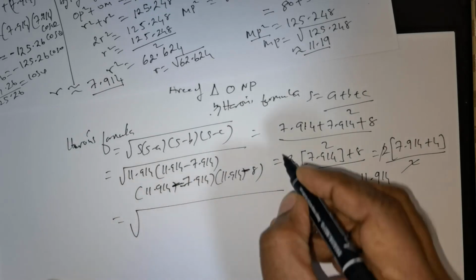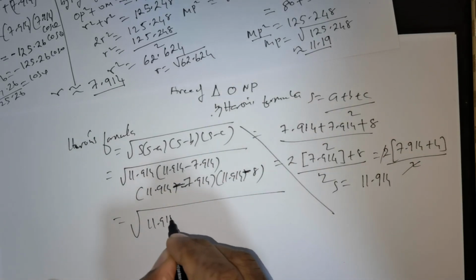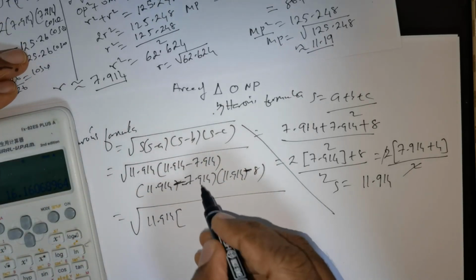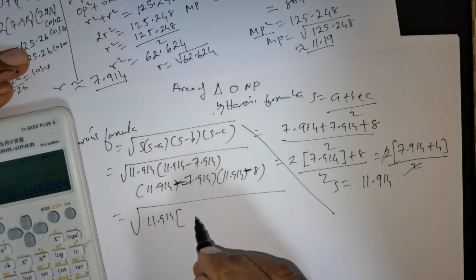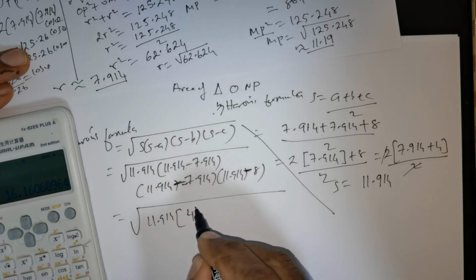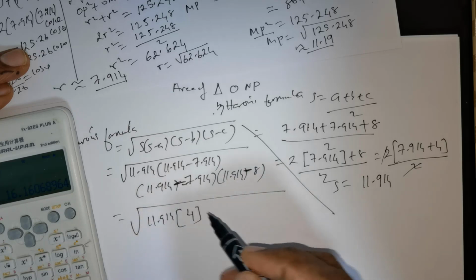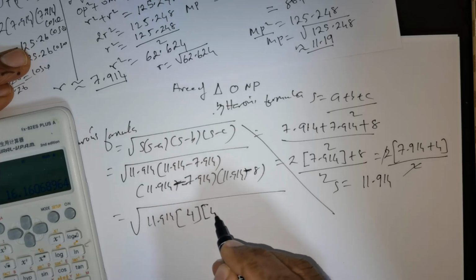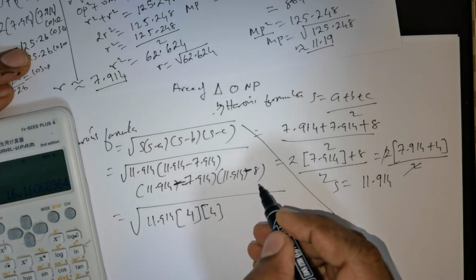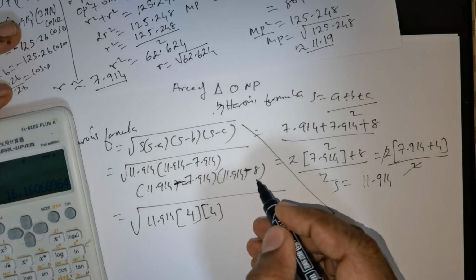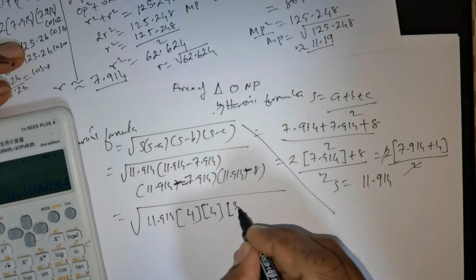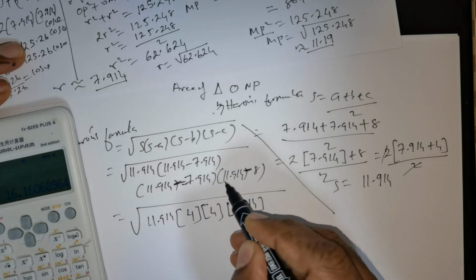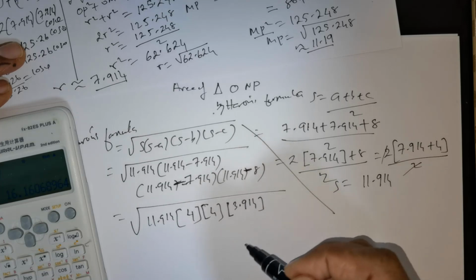So this is going to be root of 11.914 times 4, right? 11.914 minus 7.914 is going to be 4, and this is also going to be 4 because two sides are the same value, radius. And 11.914 minus 8 is going to be 3.914, so from 11.914 you take away 8, so you get this.